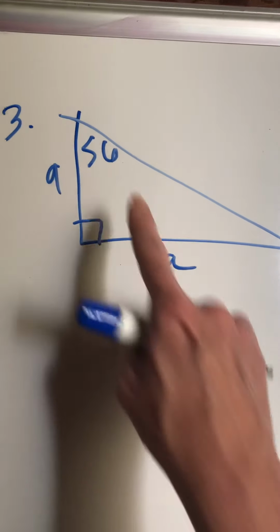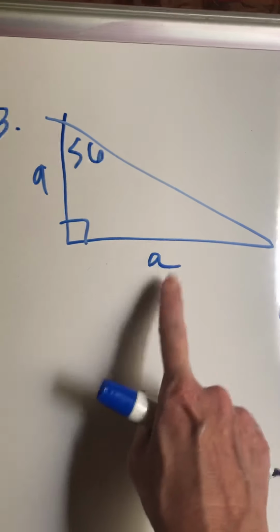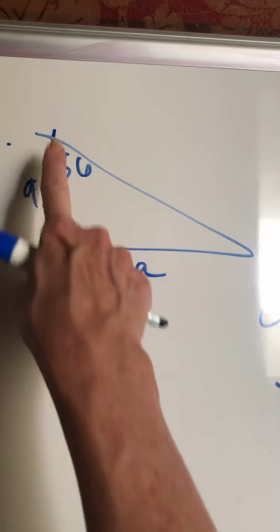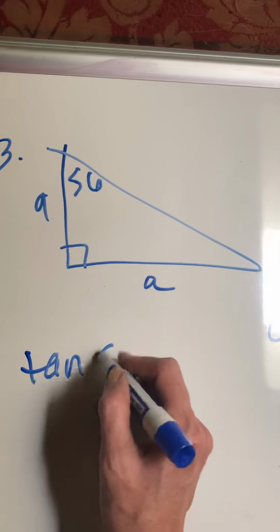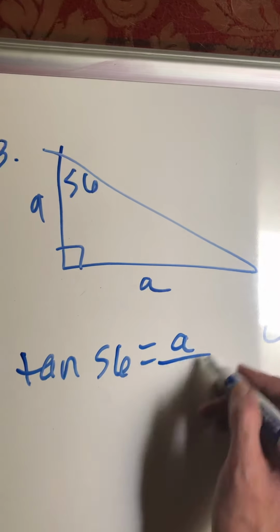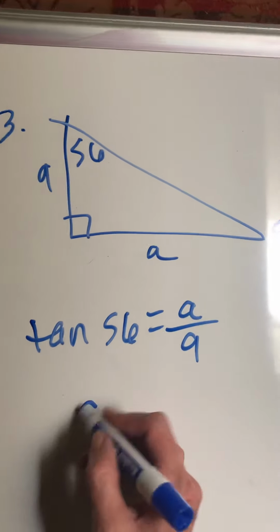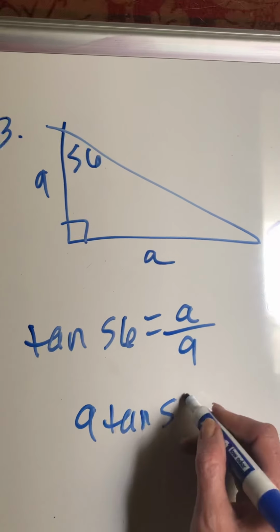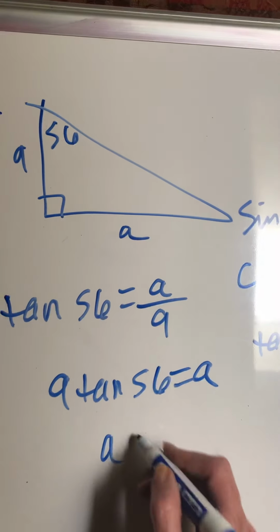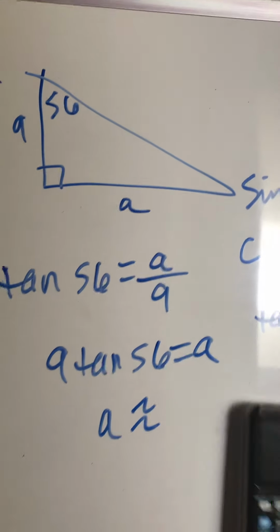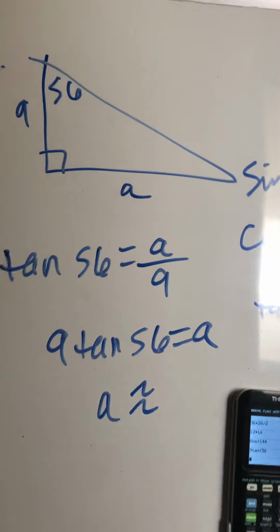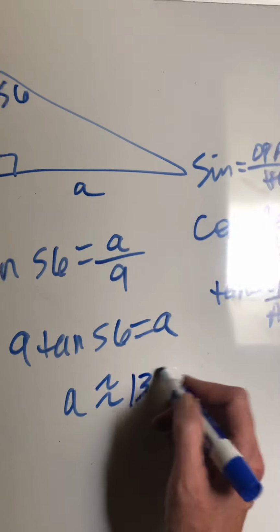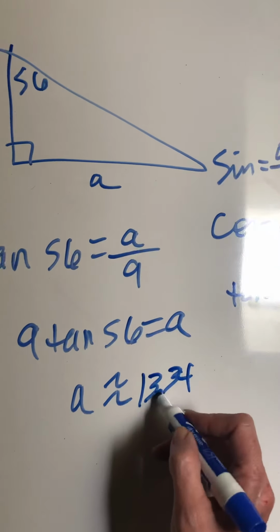So here's my angle. I have opposite and adjacent. I do not have the hypotenuse, so I can't use sine or cosine. So tangent of 56 is opposite A over adjacent 9. So we just multiply by 9, and then type that in your calculator, 9 tangent 56, and we get about 13.34.